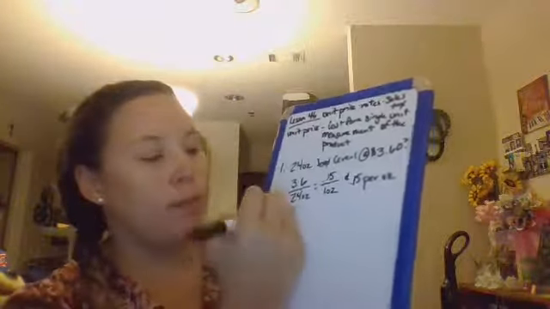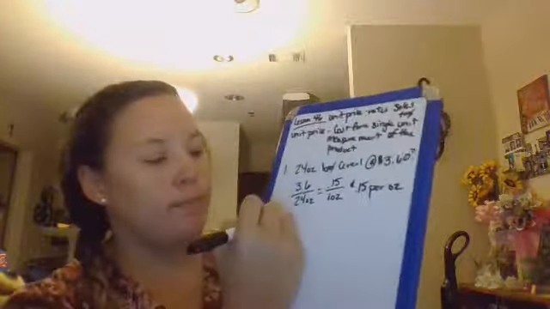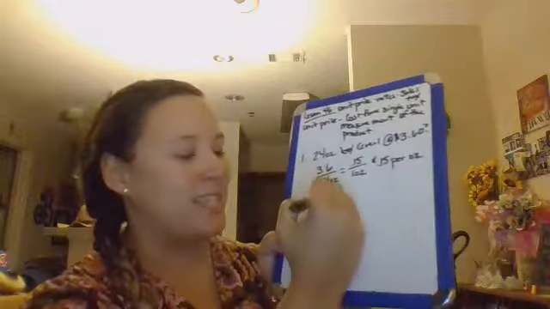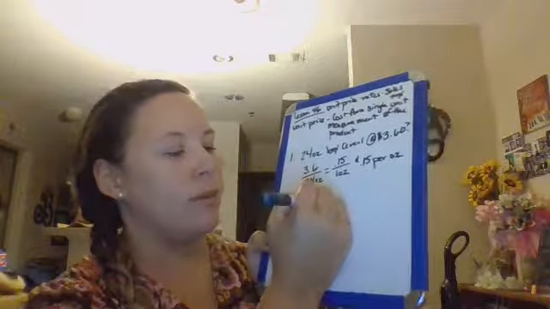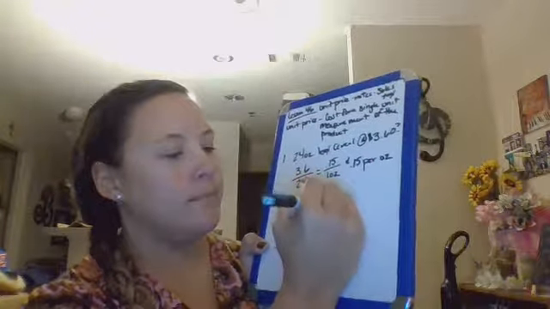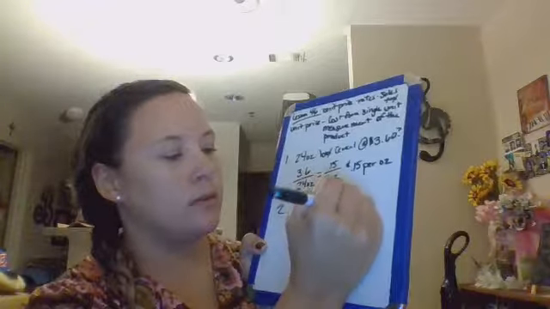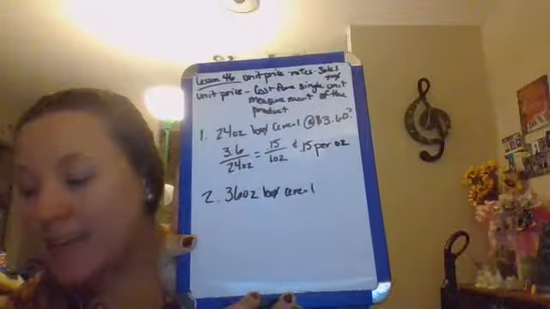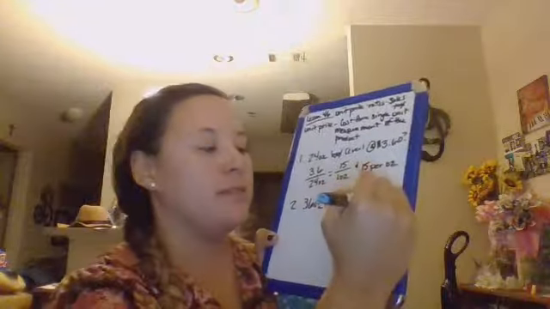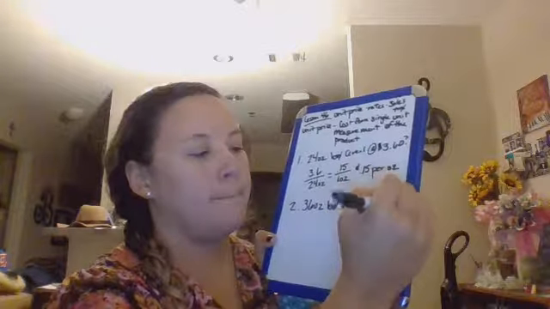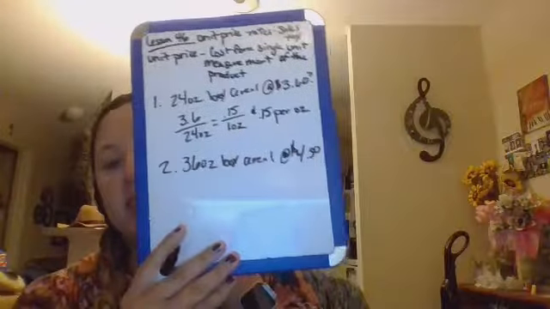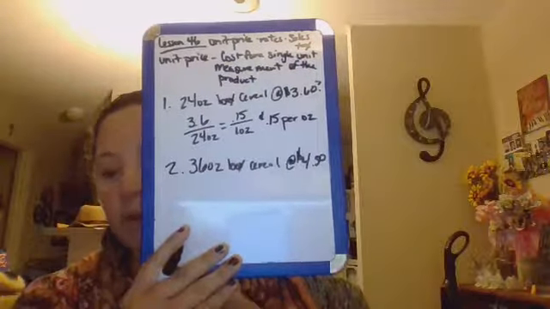We're going to try one more. This time we need to find the unit price for a 36-ounce box of cereal, and it is $4.50. So we have a 36-ounce box of cereal at $4.50.